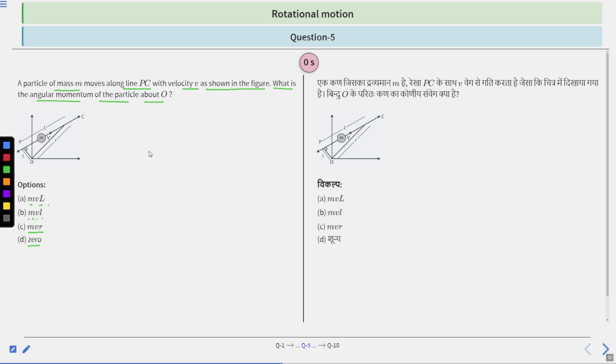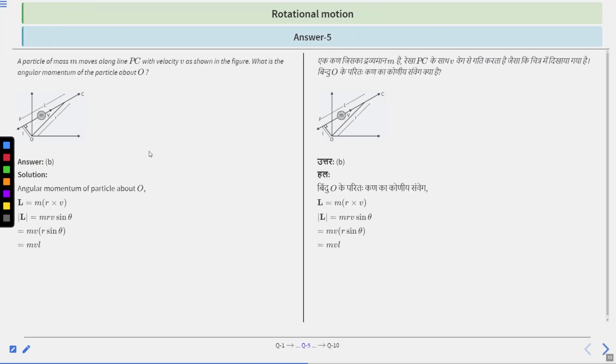Let's find a solution. According to the question, it asks about the angular momentum of the particle about O. We know the formula of angular momentum, L equals m r cross v.